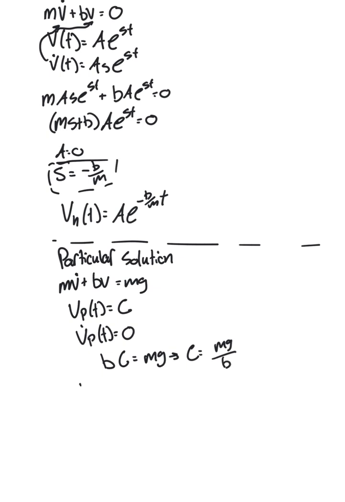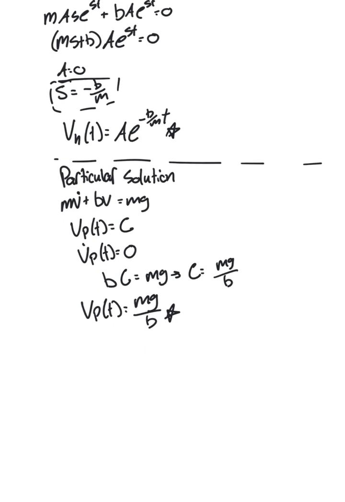So now we have that the particular solution is equal to m g over b. Now the time has come that we need to combine our homogeneous and particular solutions, because we've solved for the homogeneous form, we've solved for the particular. We need to combine those two.